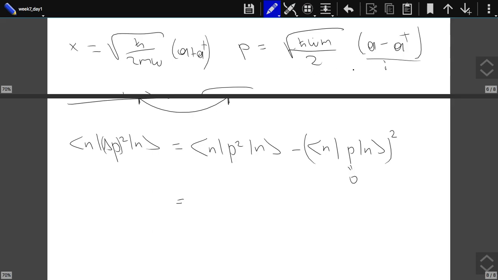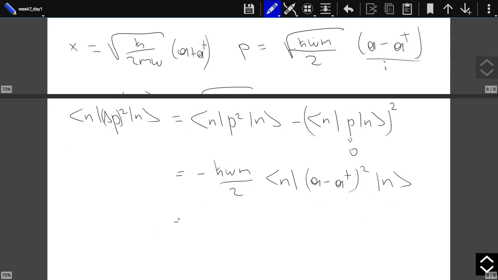So this is equal to, well, if you look at the first line on the screen, p squared is nothing but minus h bar omega m over 2, minus because of that i over there, times a minus a dagger squared. This is equal to minus h bar omega m over 2 times a squared plus a dagger squared minus a a dagger minus a dagger a. We will just use the same argument. a squared acting on the ket n gives me the ket n minus 2.